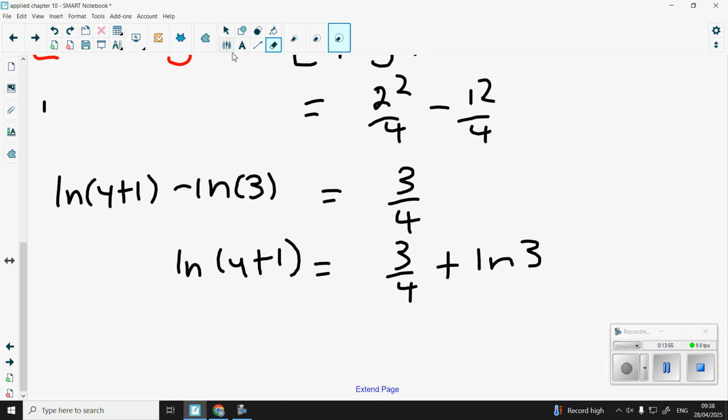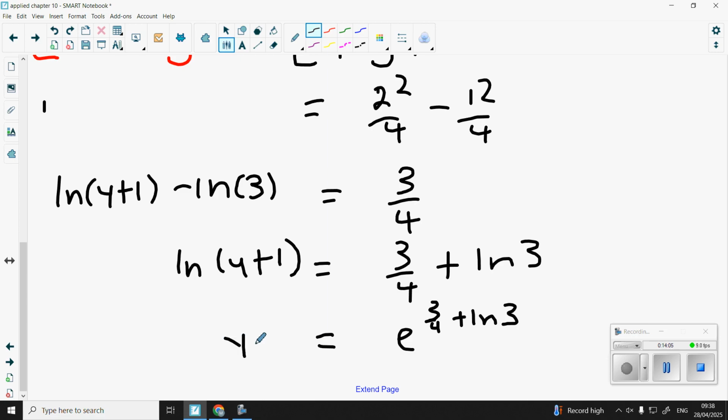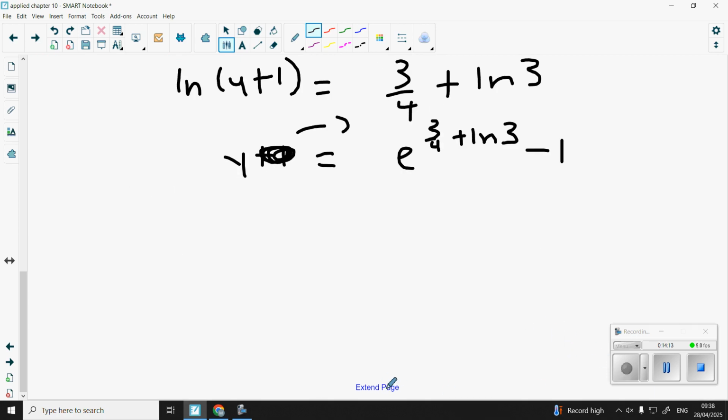And the maths we did earlier is still alright. It's to the power of e. So it's e to the power of 3/4 plus ln 3 is y plus 1. Swing the 1 over the other side and take it away. Somebody be so kind as to put that in the calculator and tell me what you get. 5 points.